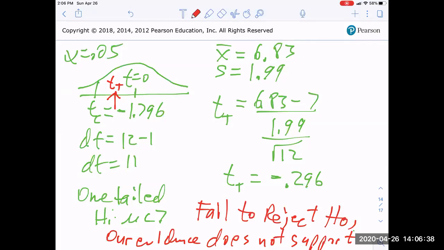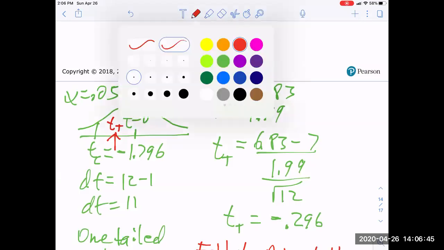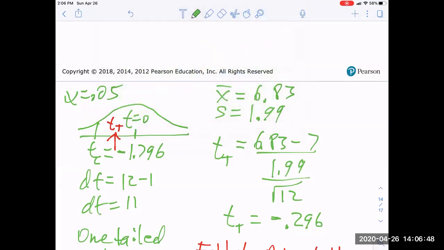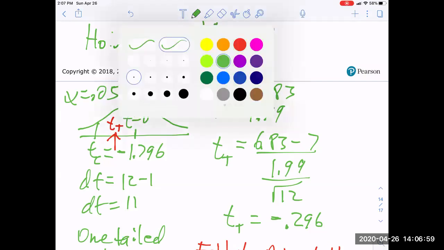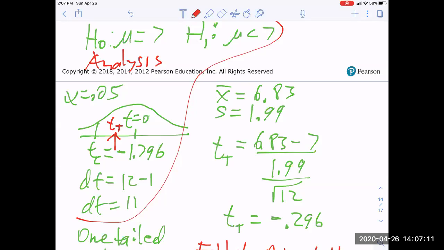Here's my analysis, which I really should have put up above just to do the whole problem. Should have said H naught, mu equals 7, H1, mu is less than 7 hours of sleep. And now I can go, okay, all this pretty much analysis, including the diagram over here.